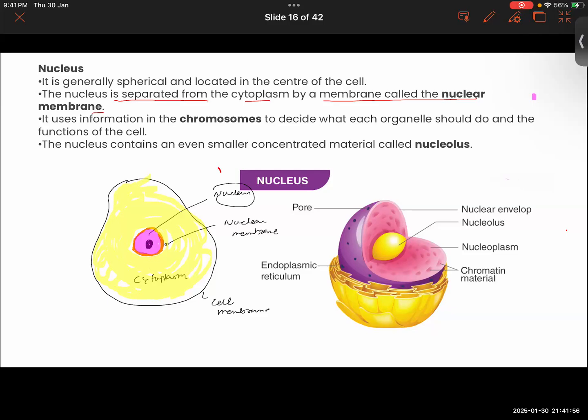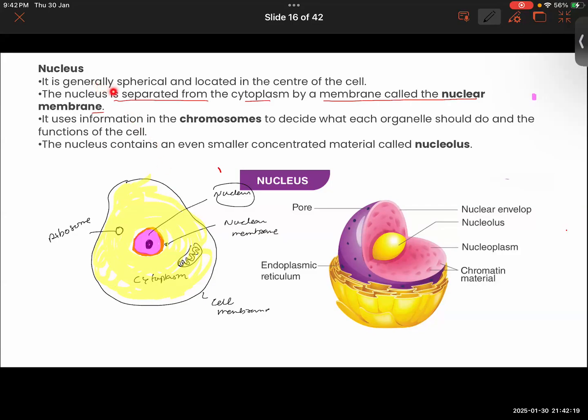What are their functions going to be? Suppose you have this mitochondria. So what is the function of the mitochondria? It is decided by the nucleus. What will be the function of the ribosome? It is decided by the nucleus. What would be the function of Golgi apparatus or any other organelle? All of it is decided by the nucleus.